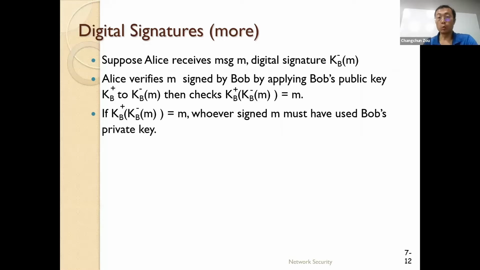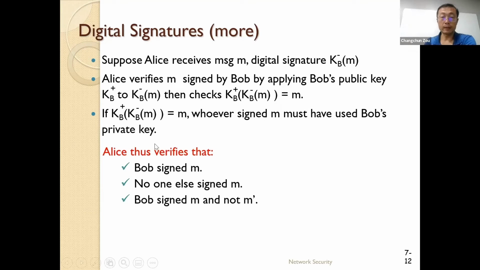So whoever signed the message M must have used Bob's private key, because if you can do the decryption successfully, then the message you have decrypted must have been generated by using this KB minus for the encryption. And if we assume that only Bob knows KB minus, then Alice can verify that Bob has signed the message, and the message has not been modified by anyone.